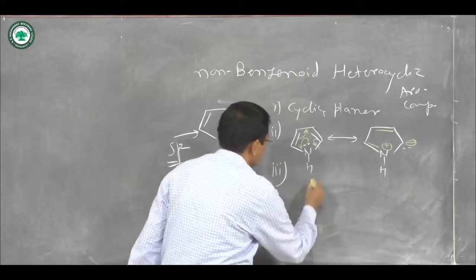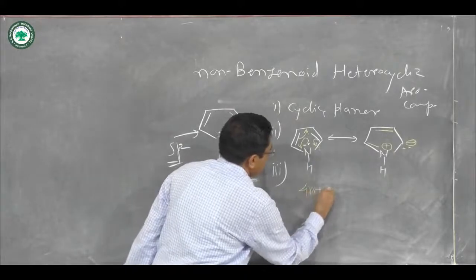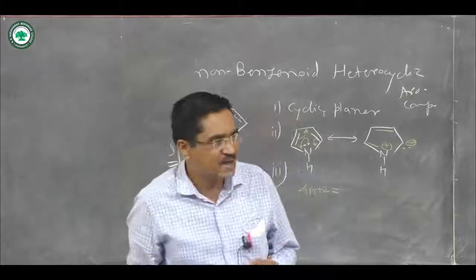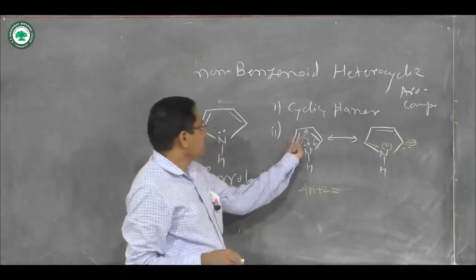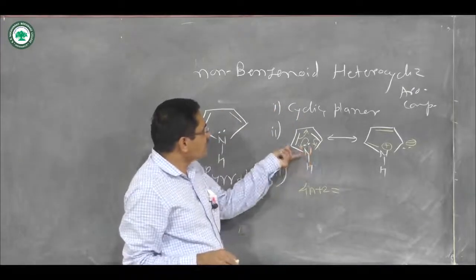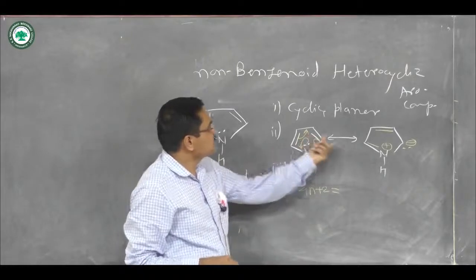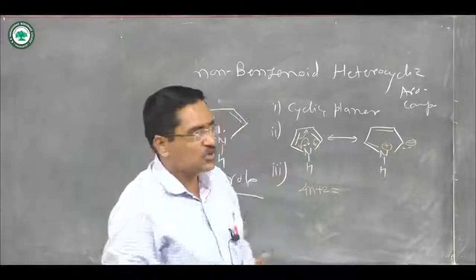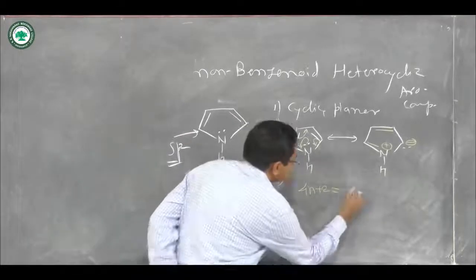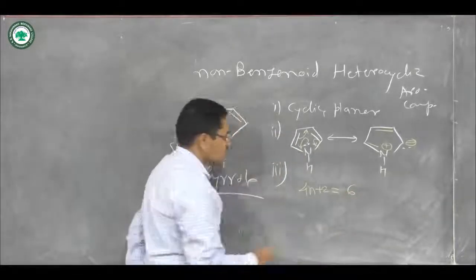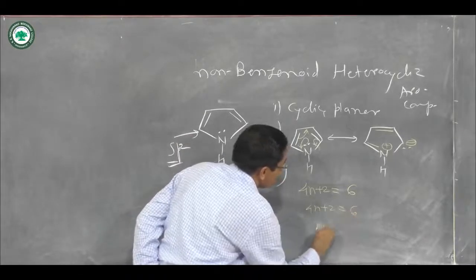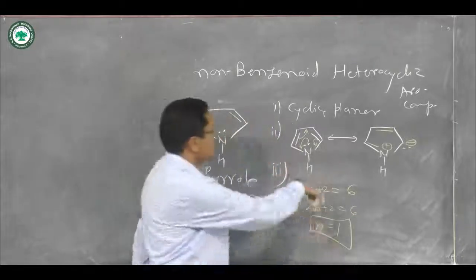And third one, suppose we apply Huckel's rule. Here the difference is that this lone pair is converted into a pi bond and this pi bond is converted into a lone pair. So total pi electrons are 6. So 4n plus 2 equals 6 and n equals 1.